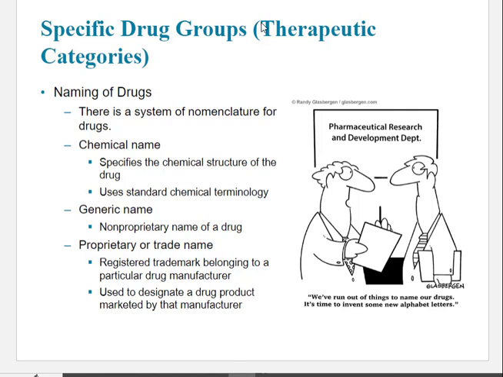Salicylate is aspirin. So you've got to know both of these names because the nurse is going to call you and say, well, I need a Tylenol level. How do I order that in the computer? Because in the computer, it's not going to say Tylenol, it's going to say acetaminophen level.